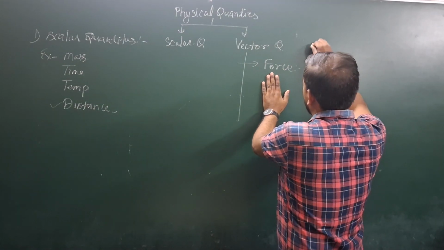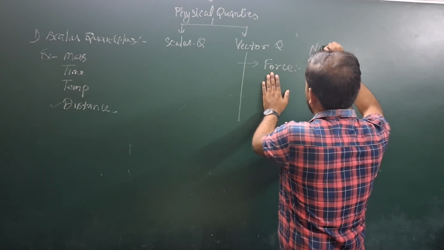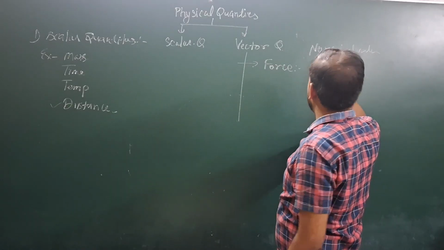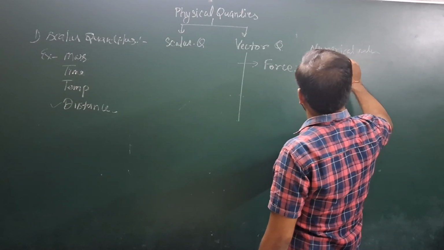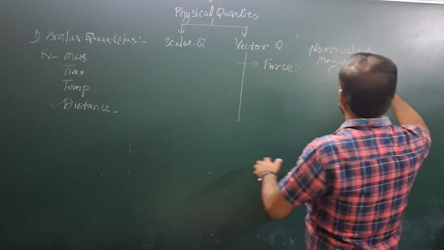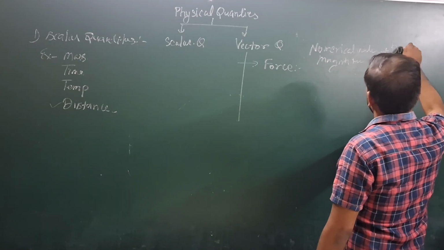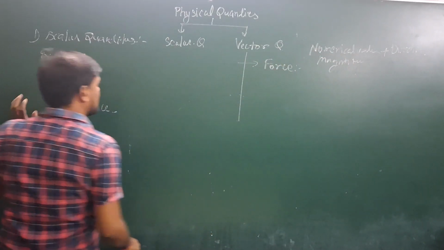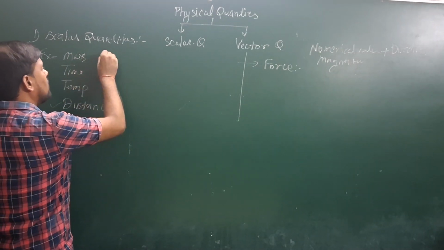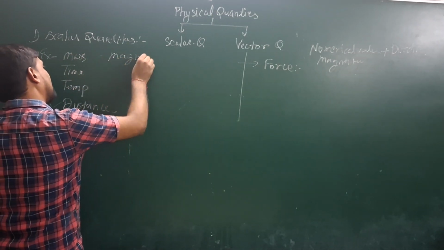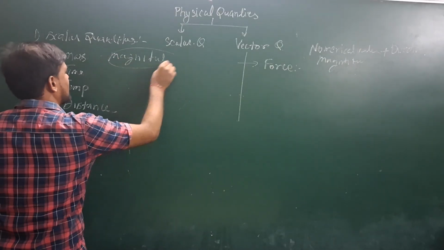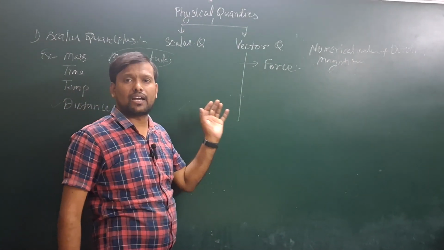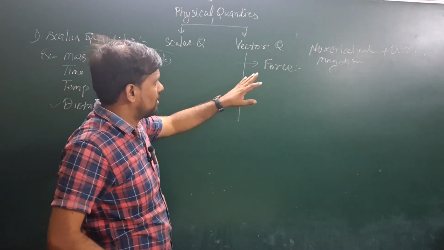First is the numeric value, which is also known as magnitude, and the other is direction. While in scalar quantities, we only need magnitude and no direction. This is the basic difference between vector and scalar quantities.